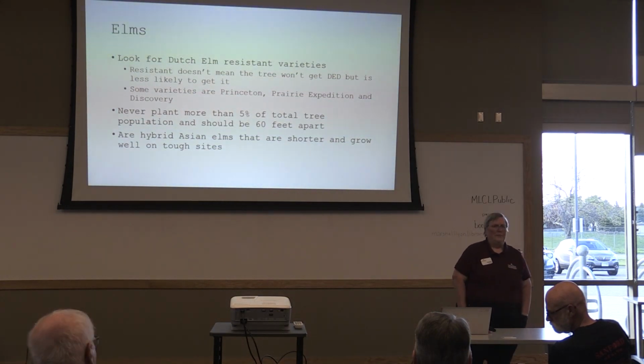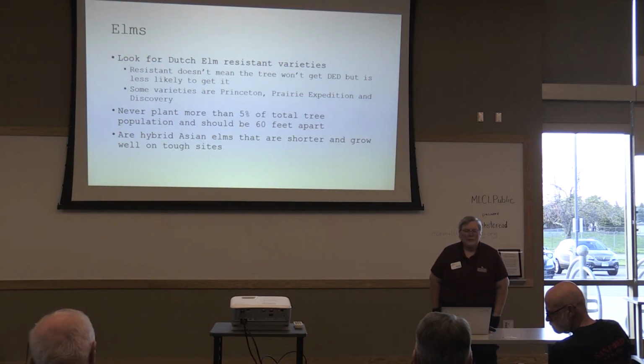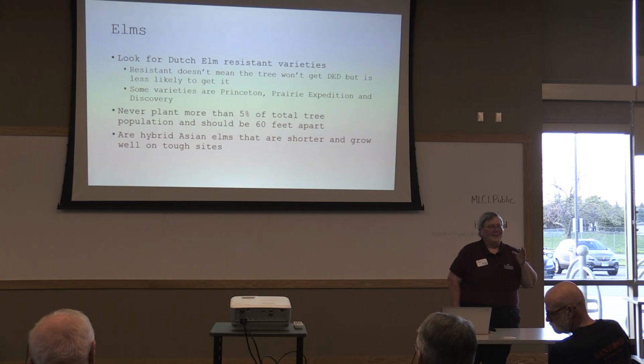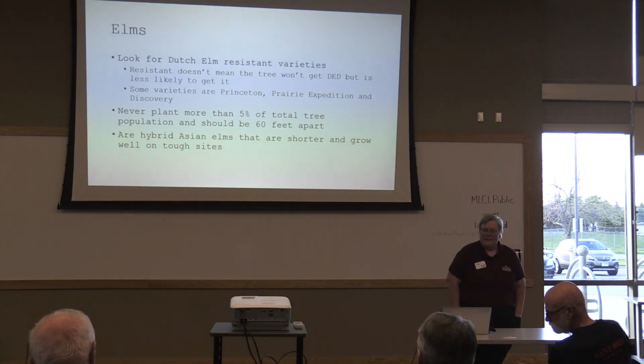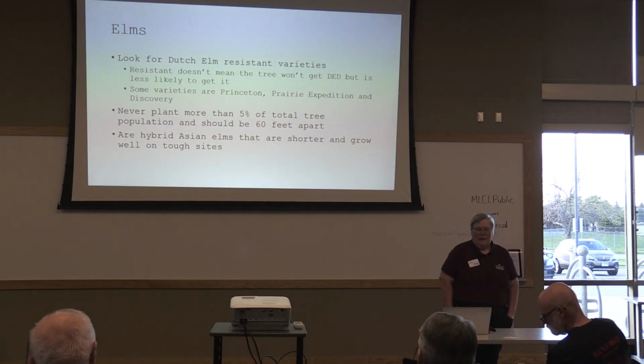There are elms. You need to make sure you're looking for a Dutch elm resistant variety. Resistance does not mean it won't get Dutch elm, but it is less likely to get it. Some of the varieties that I've seen are Princeton, Prairie Expedition, Discovery. There's a whole host of disease-resistant elm trees that you can plant.